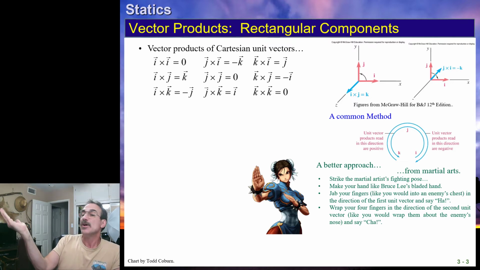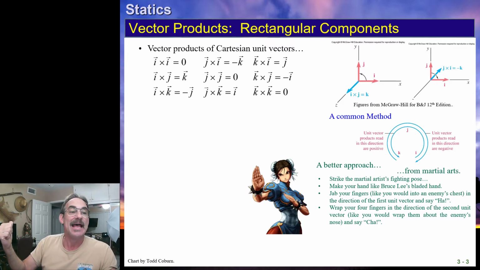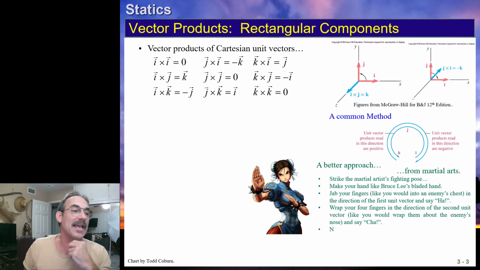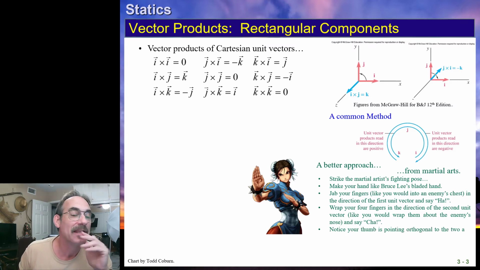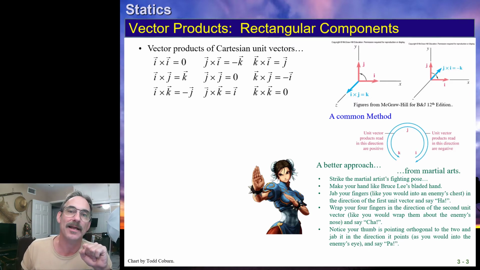We rotate our hand, wrap them in the J direction, and that tells us we're going to say cha. And then we're going to poke them in the eye of the enemy and say ka. And that is our resultant direction, and in this case, it's the K vector. This is the Bruce Lee approach to applying the right-hand rule for cross products.